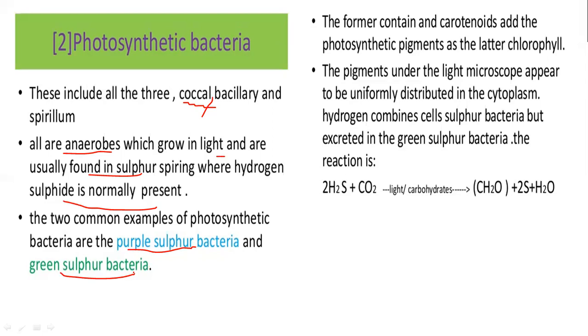These bacteria include all types of bacteria except cyanobacteria, and they have a unique type of chlorophyll that is called bacteriochlorophyll, because that is especially present in bacteria.